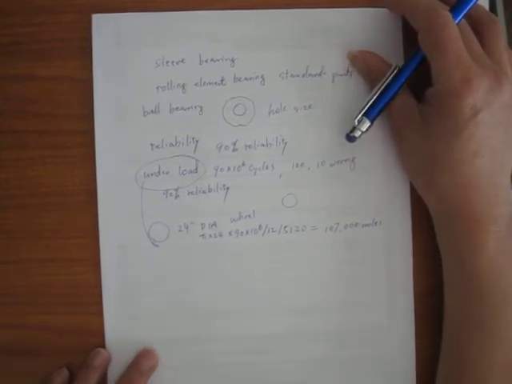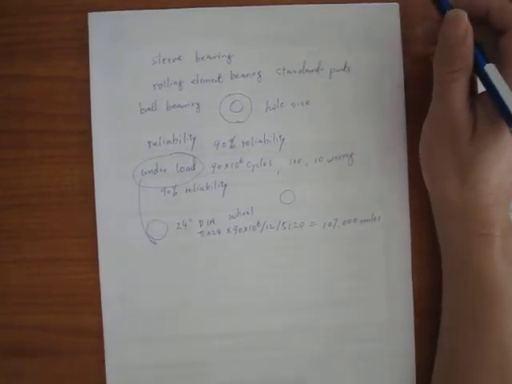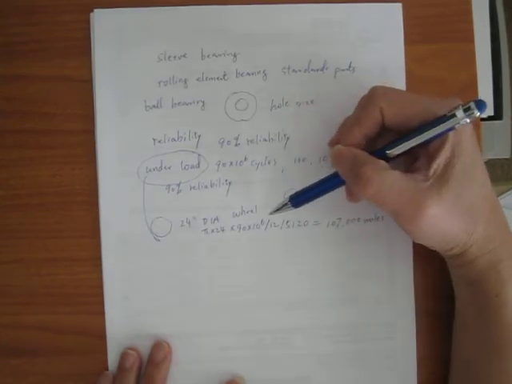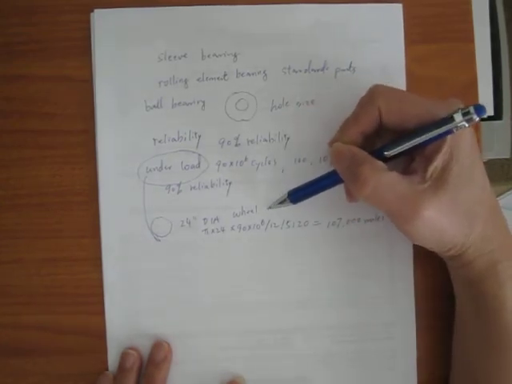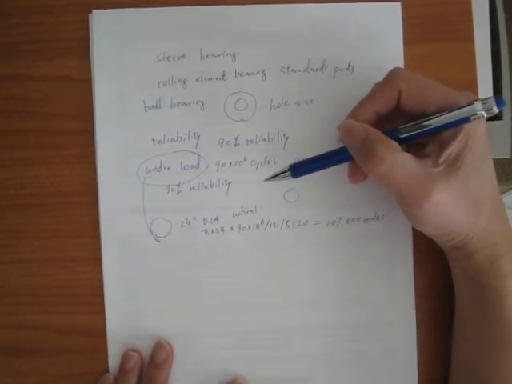Okay, now. The load is where we give a lot of safety factors for the bearing when we design vehicles.